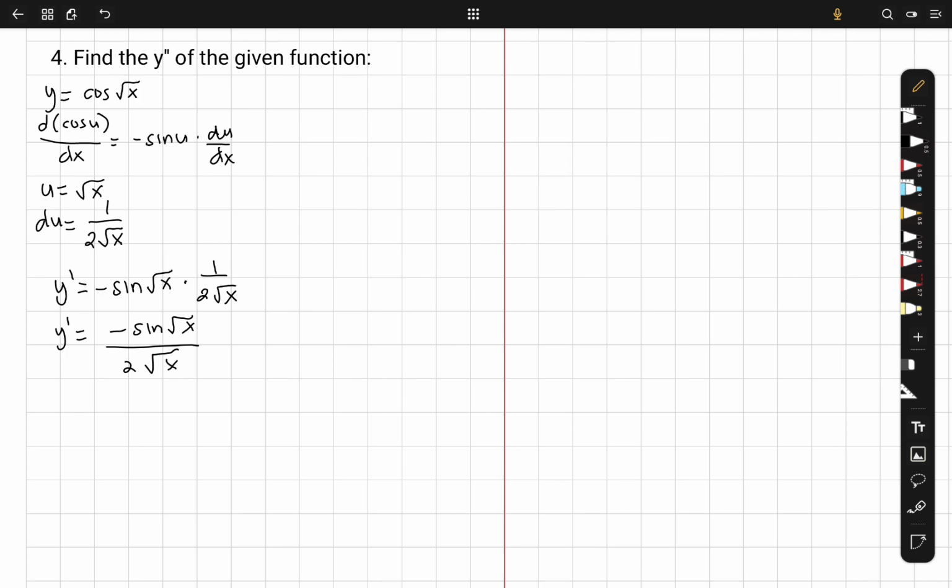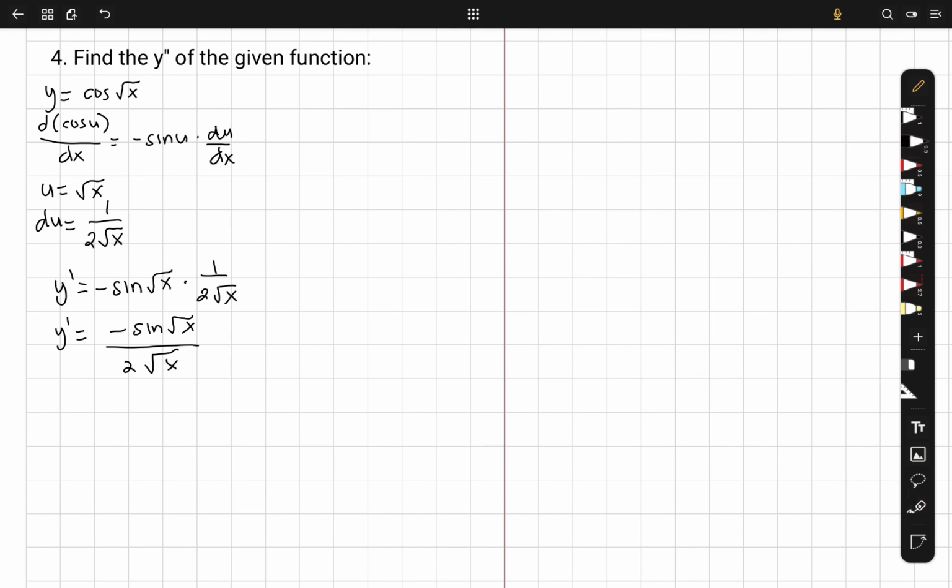Since this is the second derivative, we are not yet done. Notice our equation, we apply the quotient rule. The quotient rule is low d-high minus high d-low, all over low squared.